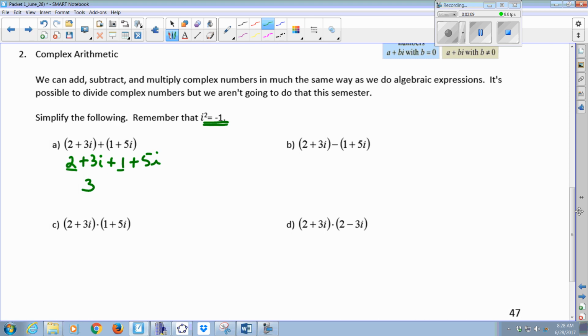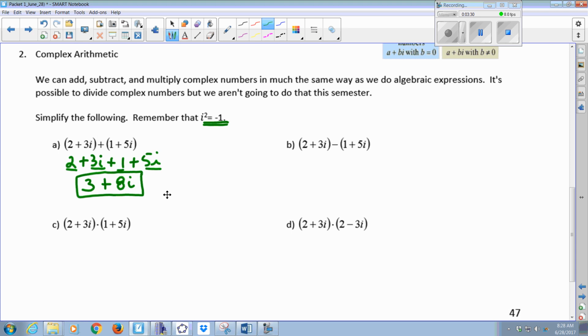And then 3i and 5i are like terms, and that gives us 8i. So we add like things as we always have in mathematics. In this case, to be a little more formal, we're adding like terms, the constant terms, and then the terms 3i and 5i.